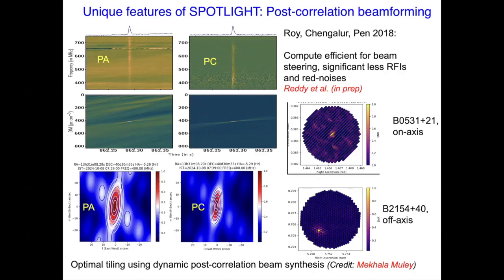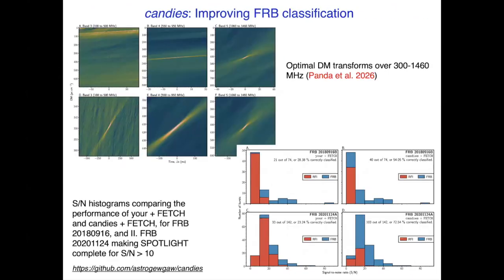And then the one we talked about, the candidate feature extraction. Since we go all the way up to 300 megahertz, we found it should be better to optimize the candidate features based on DM, width, and then frequency. That's what this diagram shows.